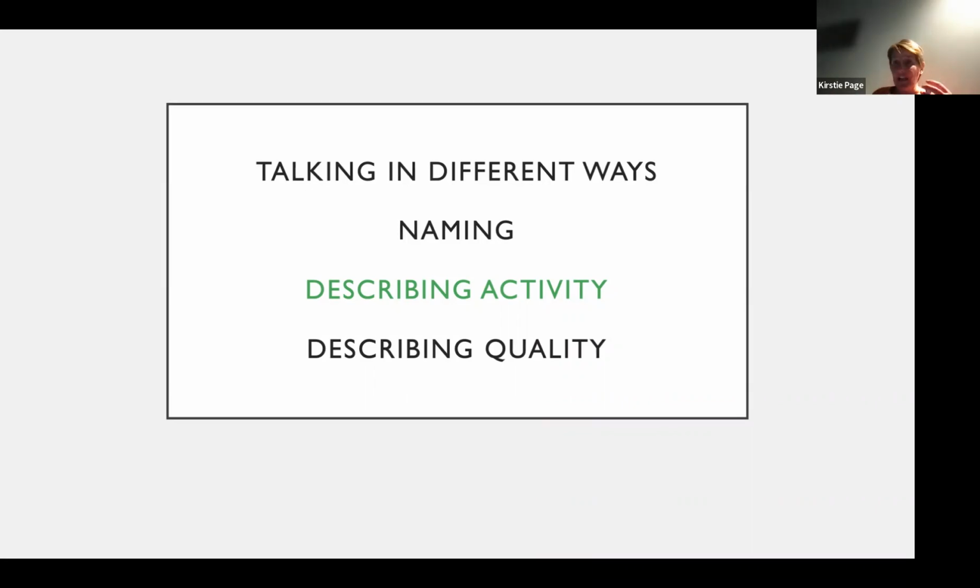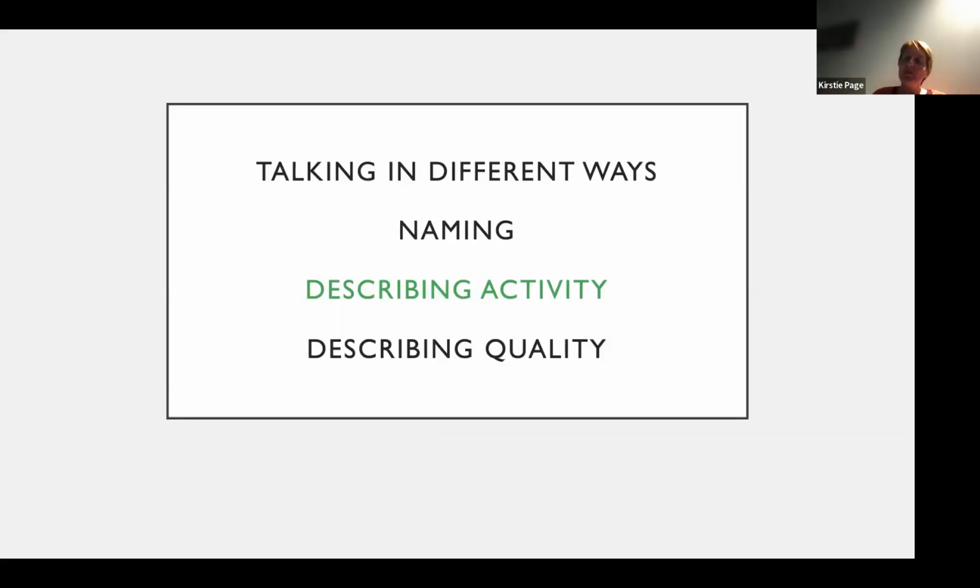And eventually, when I have children using descriptive skills and beginning to tell stories or to offer me recounts, I want them to be able to describe quality and activity at the same time. But if we're thinking about the younger children, we have to think about the building blocks that will build into that.